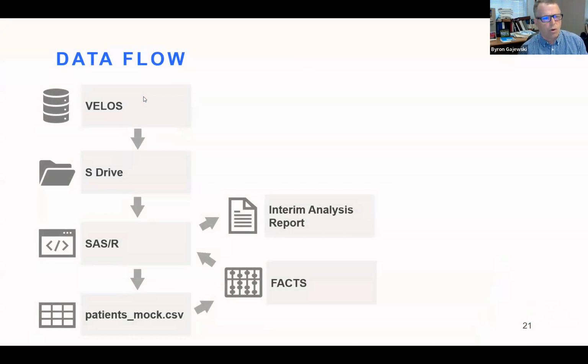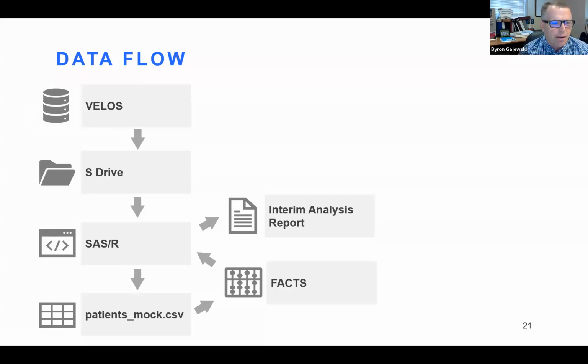So the way the flow works, Velos is our vendor for our clinical trials management system. This is an FDA certified clinical trials management system that we use. We certified it in our department. Data from there are pulled to the shared drive, we call it the S drive.